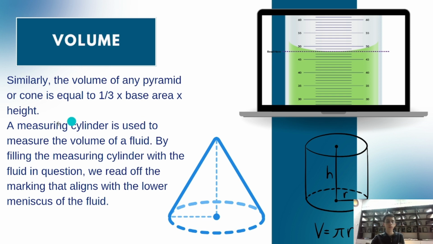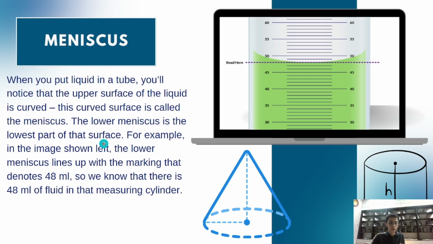And a measuring cylinder is used to measure the volume of a fluid or the volume of irregular shapes. How do we calculate the volume of irregular shapes? We calculate it like that.